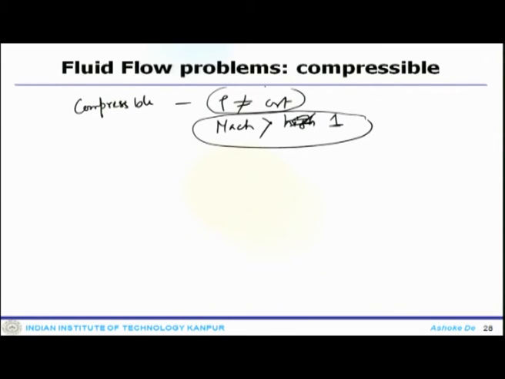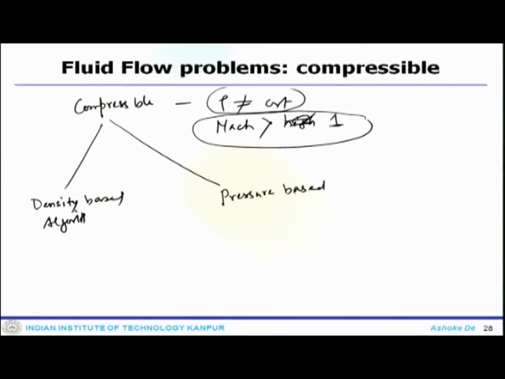In compressible flow solvers there are two types of approach. One can have a density based algorithm and one can have a pressure based algorithm, and what we have discussed so far are all pressure based algorithms.